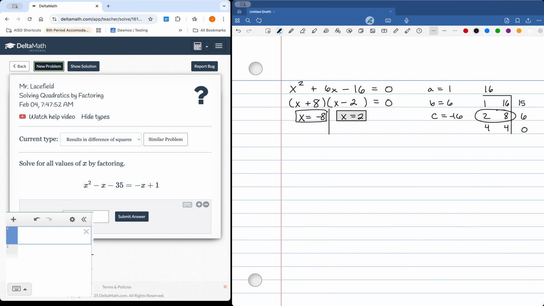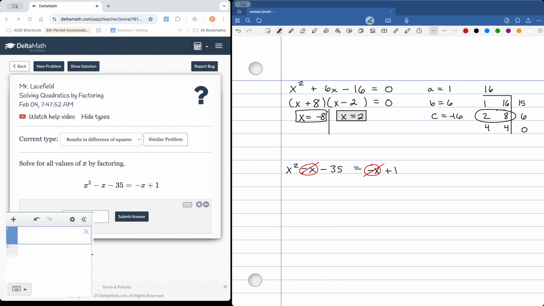Okay, let's try one more. We have x squared minus x minus 35 equals negative x plus 1. One of the first things I notice on this problem is that there's a negative x on both sides, so those are going to immediately cancel themselves out.